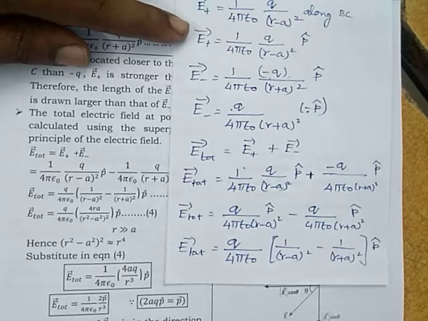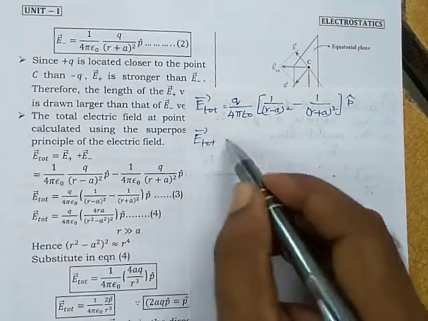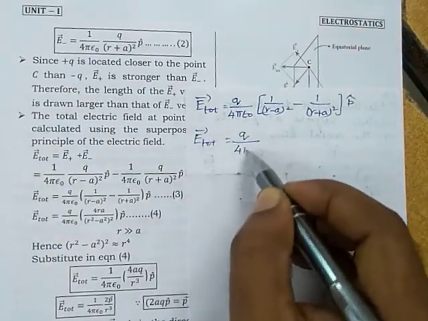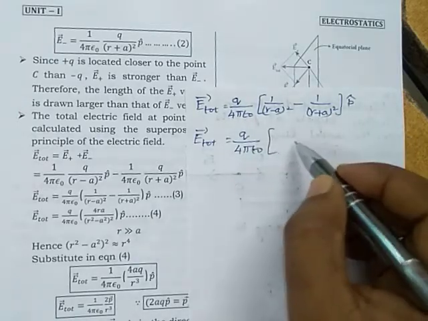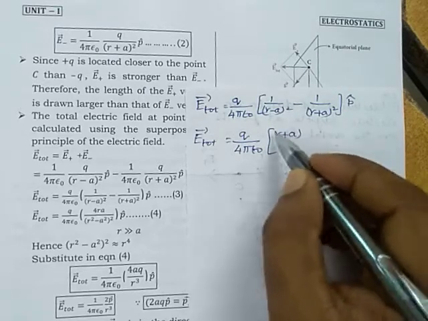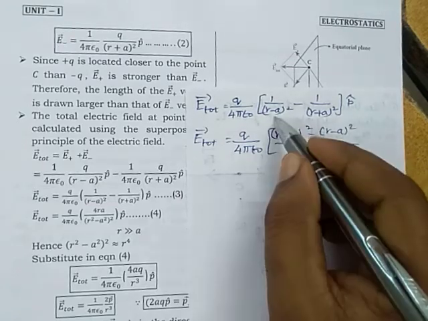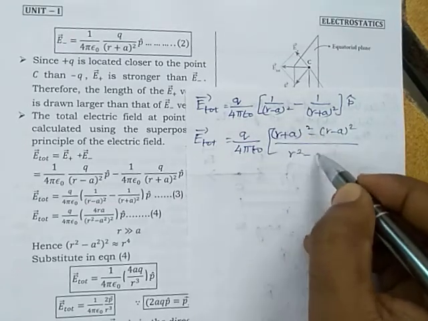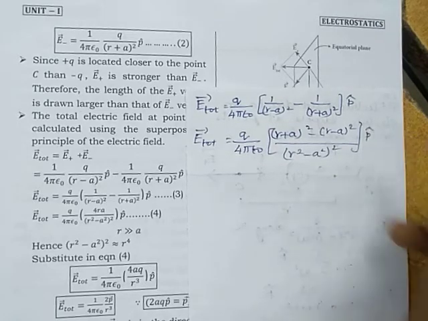Then solving this, taking the LCM on the bracketed term, we get r plus a whole square minus r minus a whole square by r square minus a square whole square, into p cap.